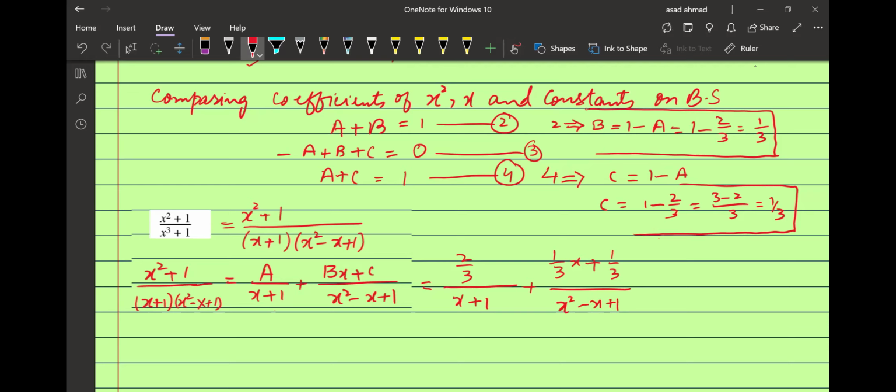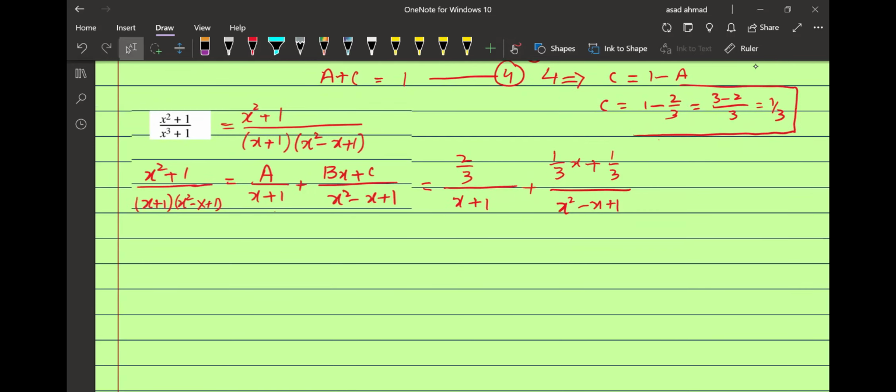Once again, we will have to convert this 3 in the denominator. It will become 2 over 3 times x plus 1. This is basically the simplification of fractions, nothing more than that. And for the second portion, we will take 3 LCM in the numerator first, which means it will become x plus 1.